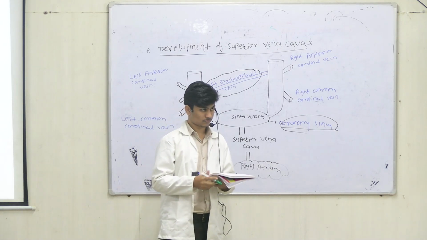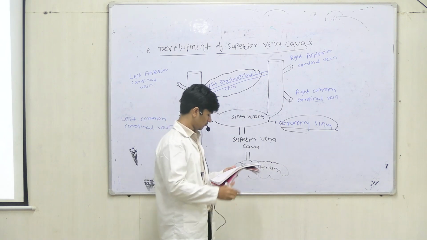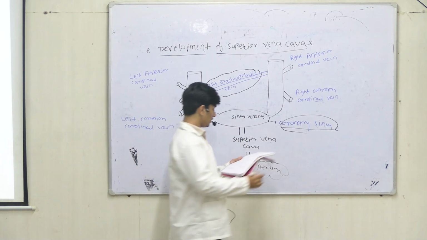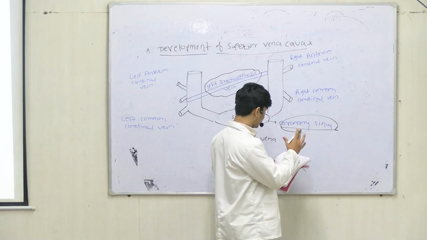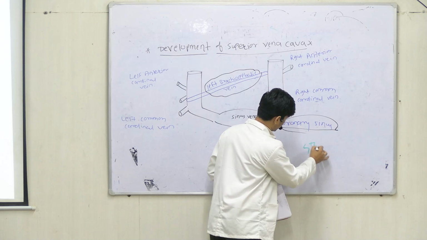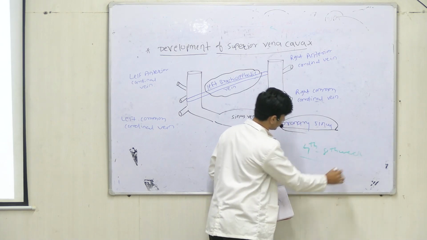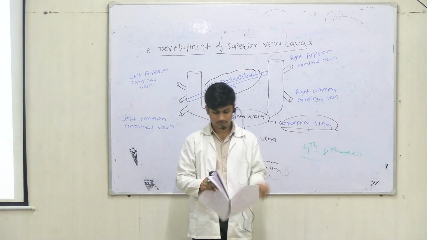Okay. So the superior vena cava is formed by the union of the right anterior cardinal vein and right common cardinal vein. Right? And the time to form a superior vena cava is 4 to 8 weeks. So the development of superior vena cava can be seen between 4 to 8 weeks.